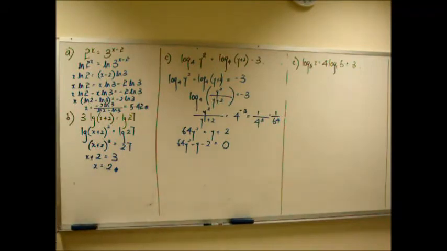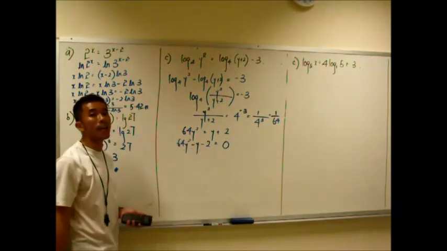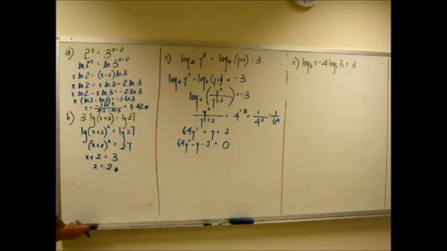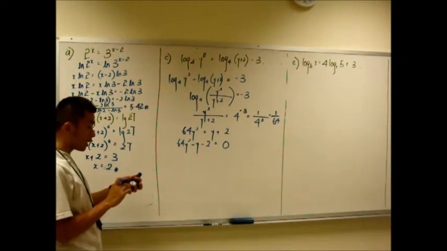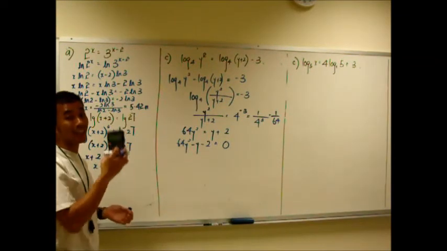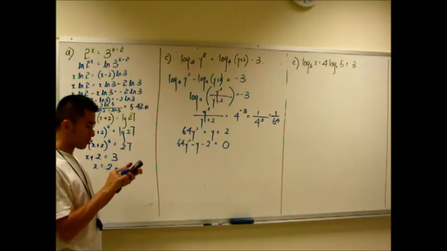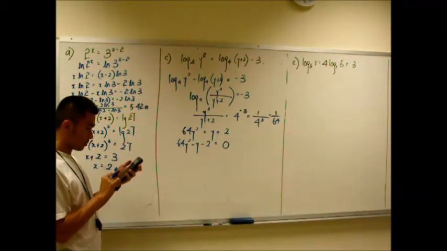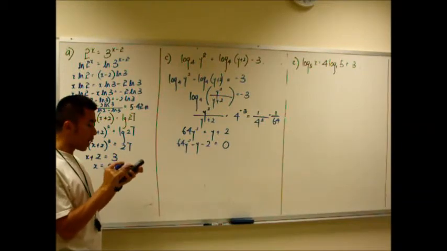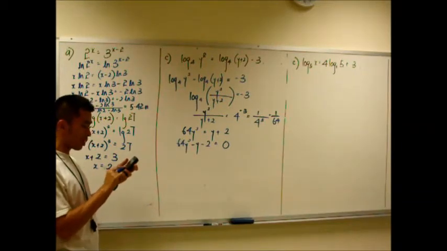What do I do next? If you don't find it convenient for you to do your normal factorization, you can actually use your quadratic equation inside the calculator. So very quickly, I'll use my quadratic equation.